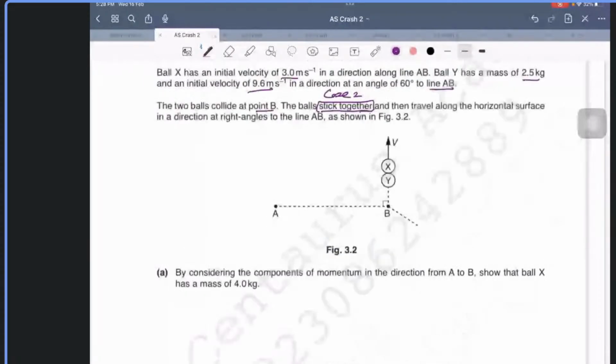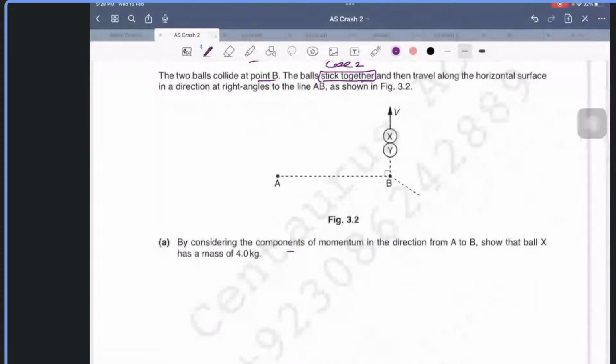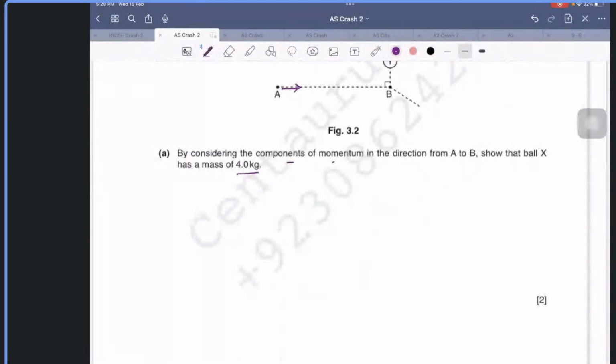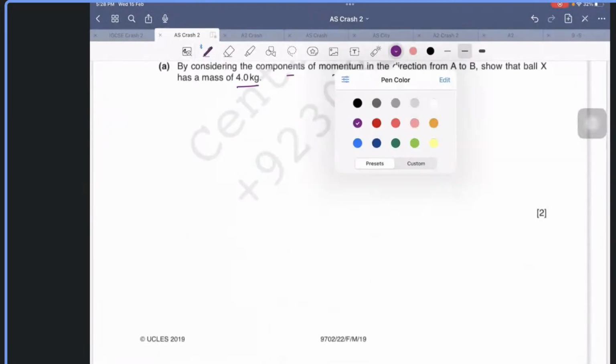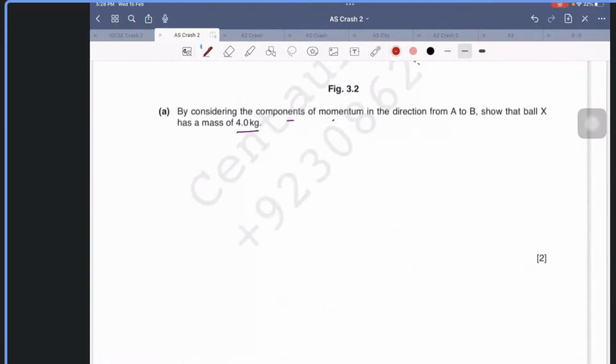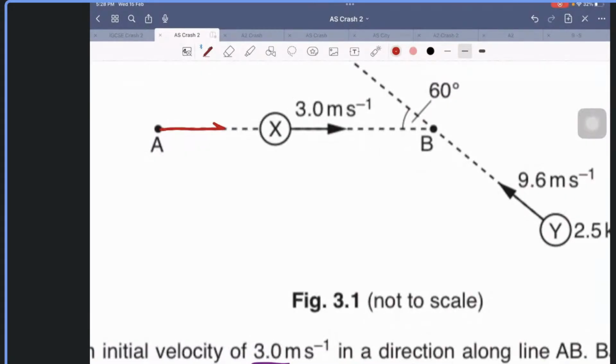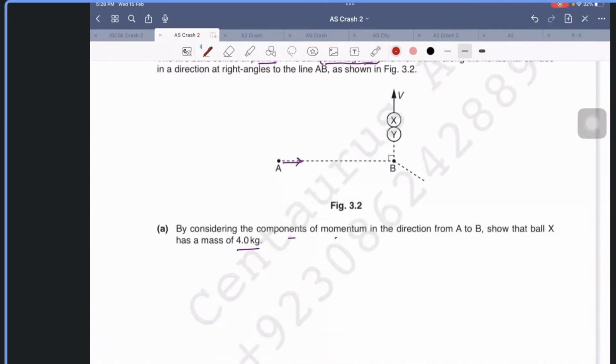So it says, by considering the components of momentum in the direction of line AB, which is horizontal, show that the ball has a mass of 4 kg. This is what we're going to do. Now, please check this out. This is very important. First of all, because line AB is horizontal, as you can see right here, we are going to look at the horizontal components only.